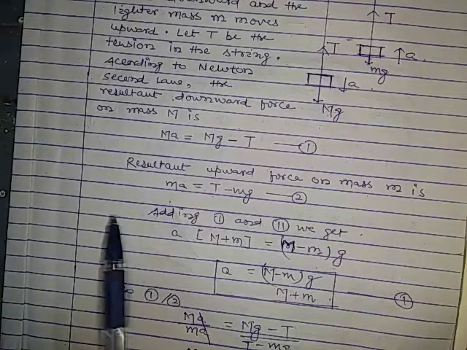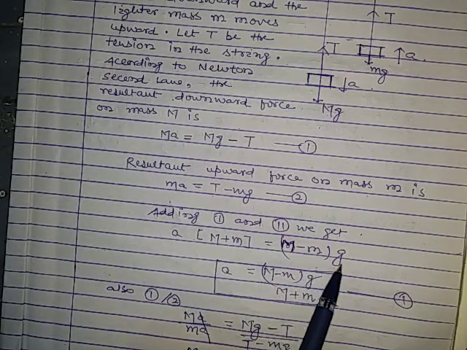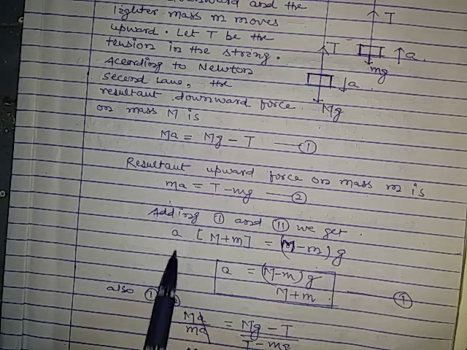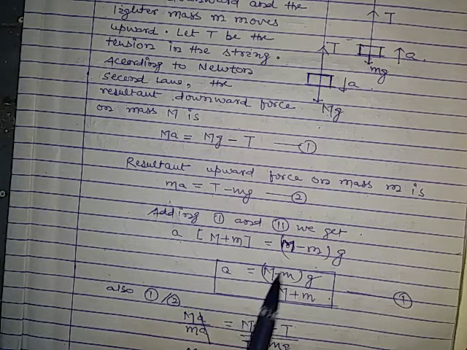So Mg minus mg, as g is common, is M minus m into g. So a is equal to M minus m into g by M plus m.